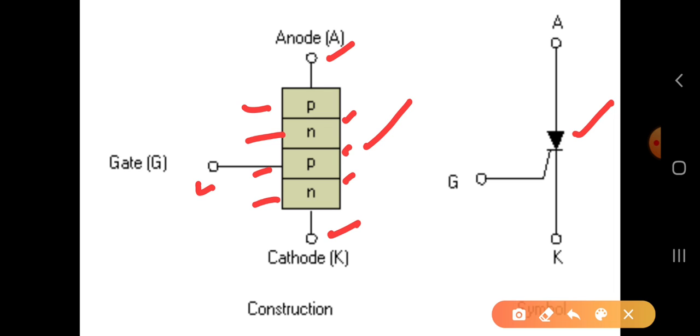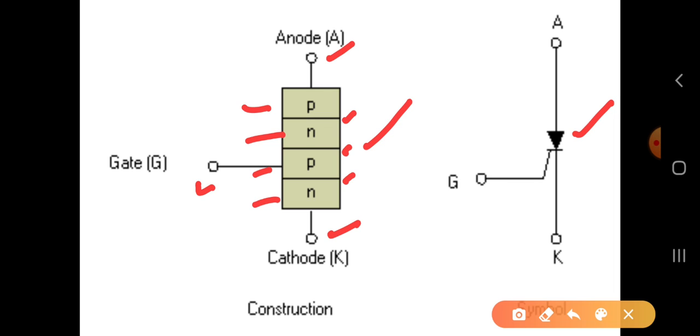So what happens in the normal operating condition of SCR? The anode is always held at a high positive potential with respect to the cathode. So we are giving a supply to the anode and cathode, where the positive supply has to be given to the anode, and the negative supply has to be given to the cathode.